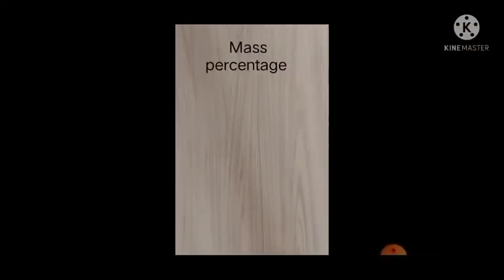Now the first one is mass percentage. Percentage means out of 100, that is, the amount of solute present in 100 gram of solution is known as mass percent or weight by weight percent.